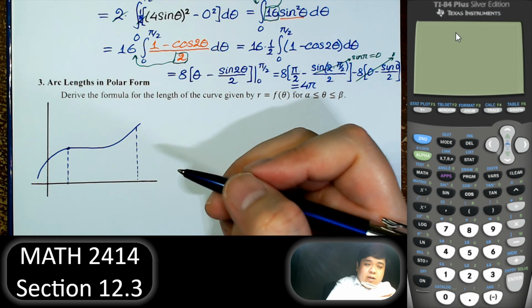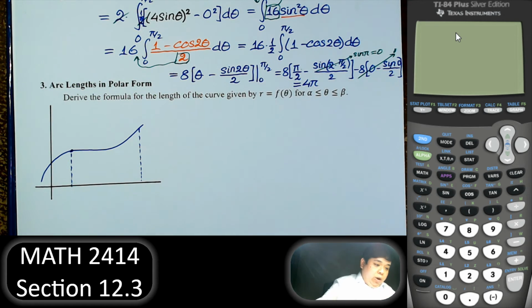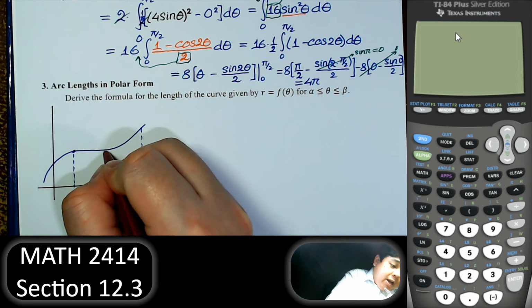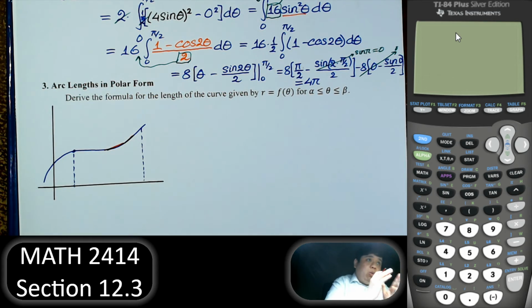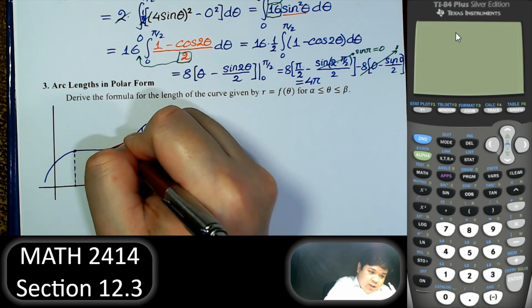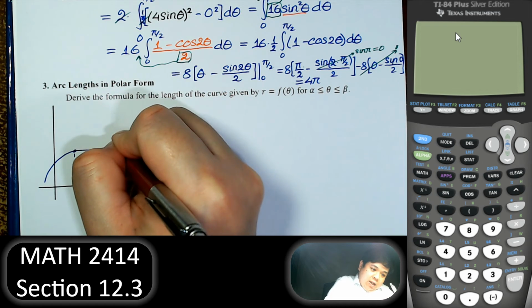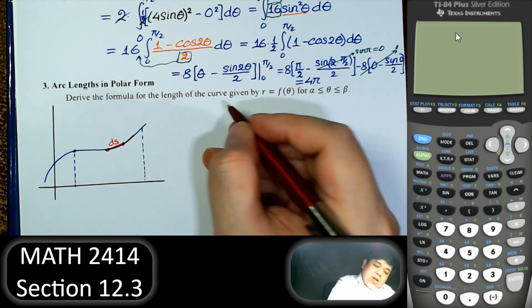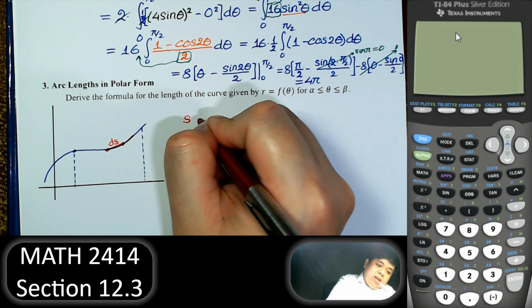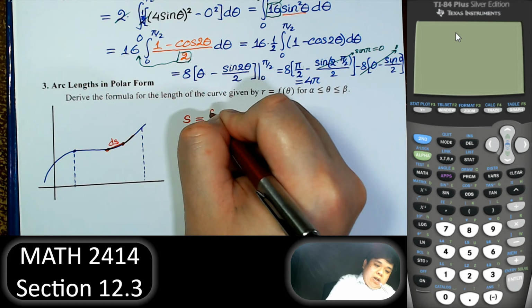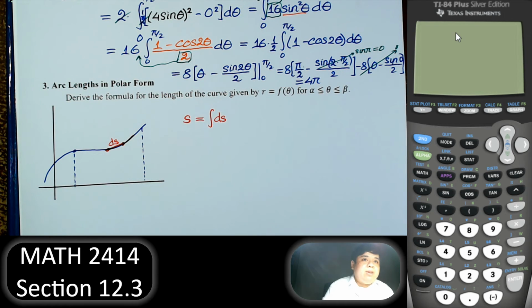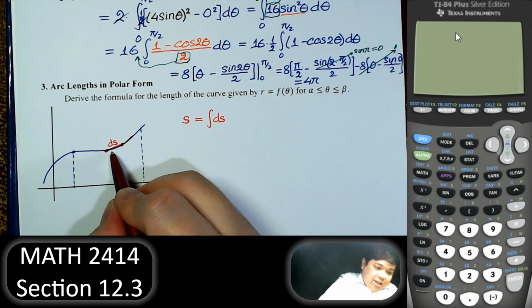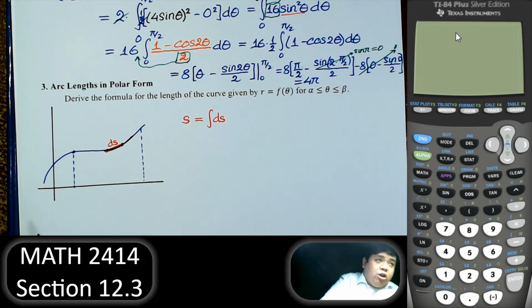Right? And earlier, if we want to find the area, we will chop that up into small portions. Let's say we just find that portion and then that portion. So when we chop it up, each portion is ds. So s, the length of the whole thing, is equal to adding up all the ds. ds is the length of a small portion.